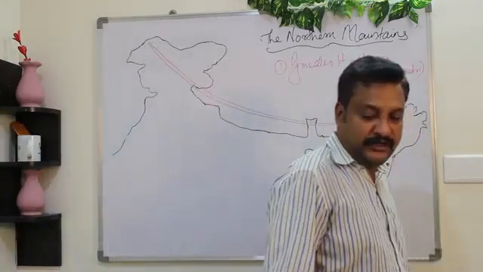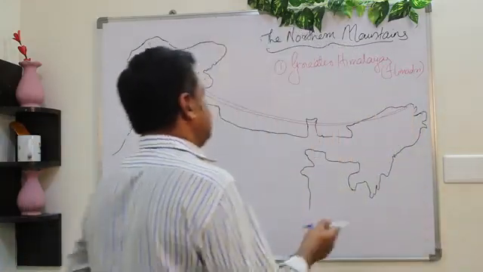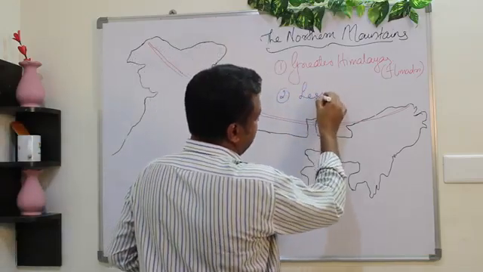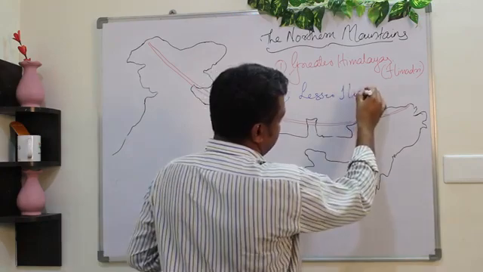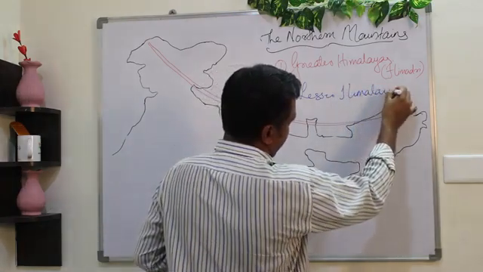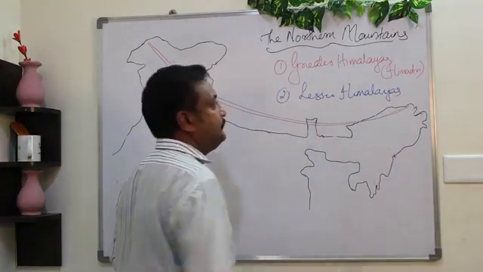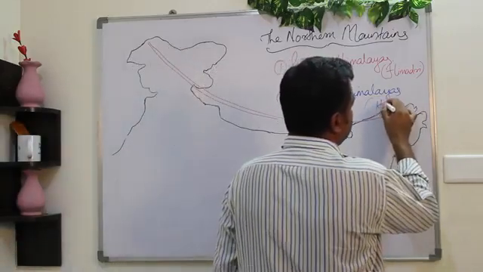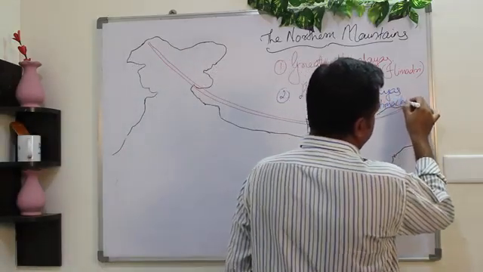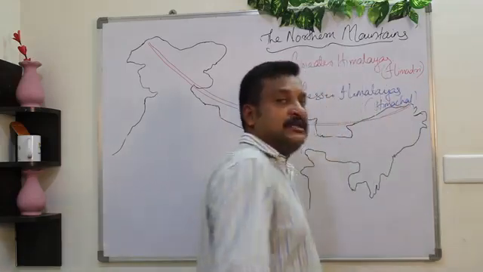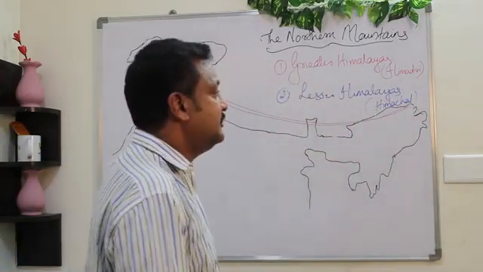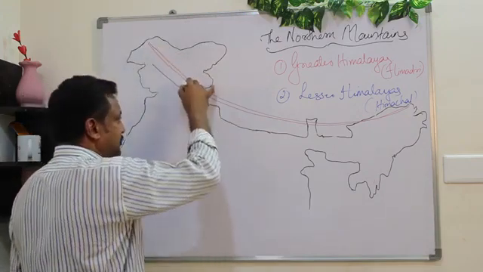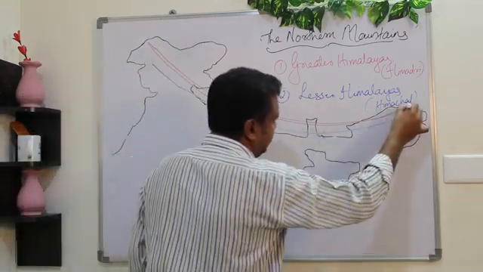The second one is called the Lesser Himalayas, otherwise known as the Himachal, and it runs at the bottom of the Greater Himalayas.